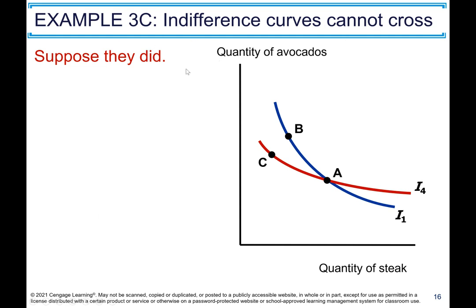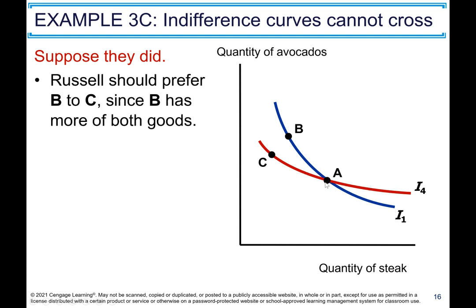Indifference curves cannot cross. Suppose they did, like I1 and I4 crossing at A. Russell should prefer B to C. B is higher than C, since B has more of both goods.